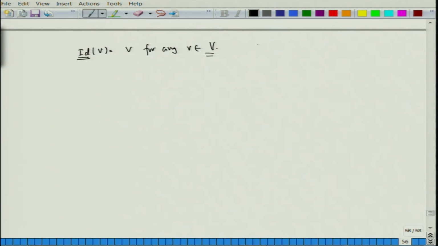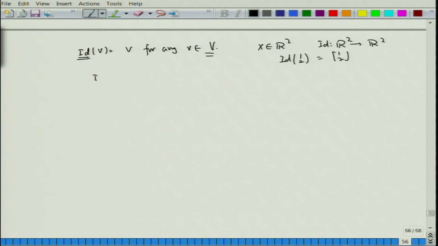Recall that if you are looking at x belonging to R2 and you have the map ID from R2 to R2, then ID of (1, 2) is (1, 2) itself. Is that okay?